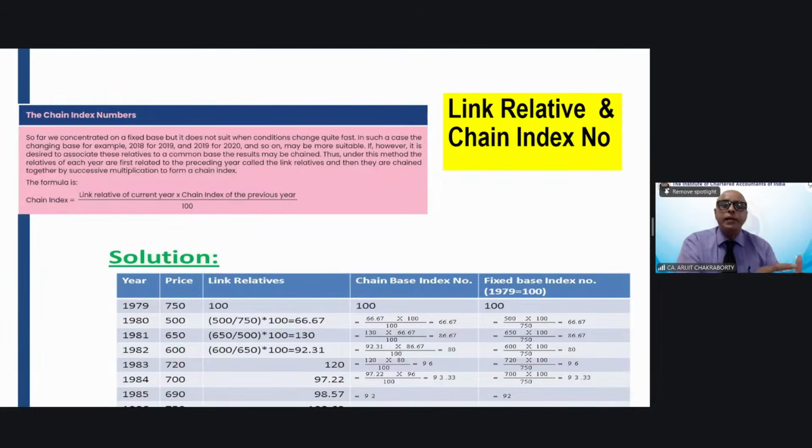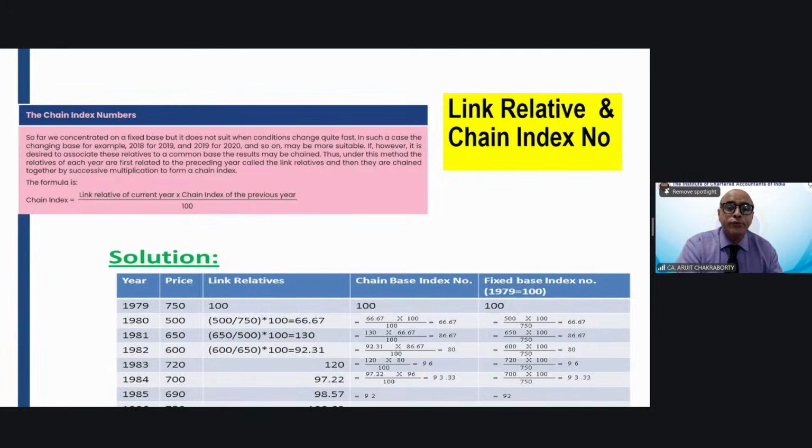यानी basically unitary method है, or you have done similar things in the similar calculations in the chapter of ratio and proportion. So we can say that 500 जो क्या है 1980 का प्राइस है 500, 500 divided by the price of the base year यानी 750. So we can write current year price, that is 500, and base year price, that is 750.